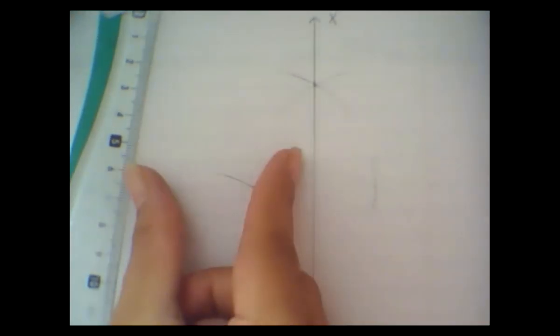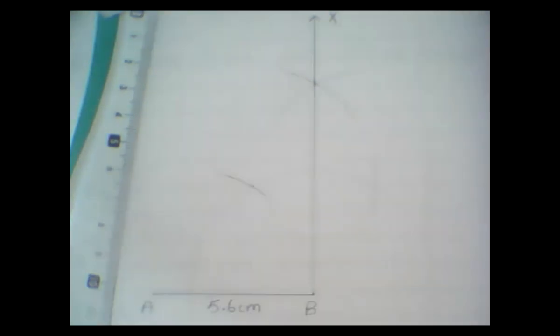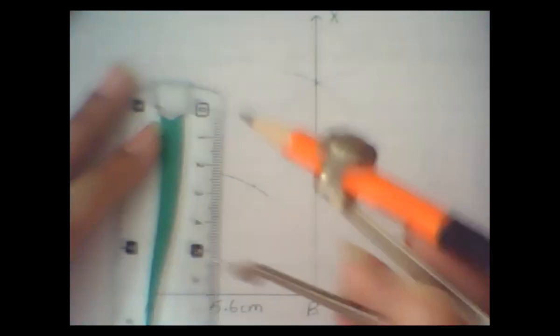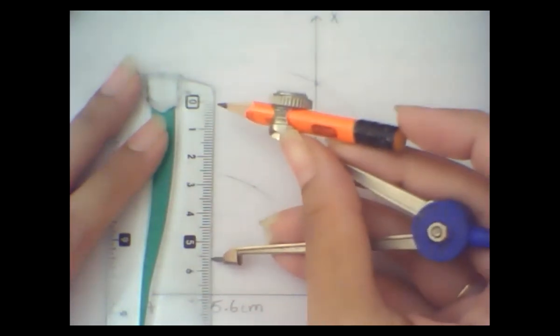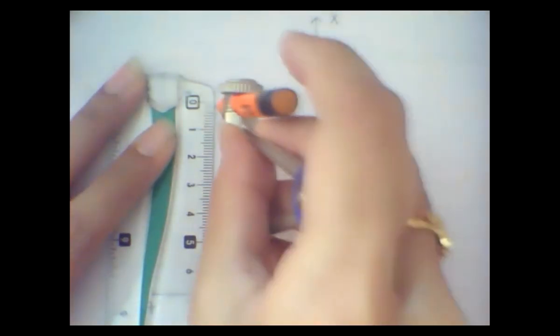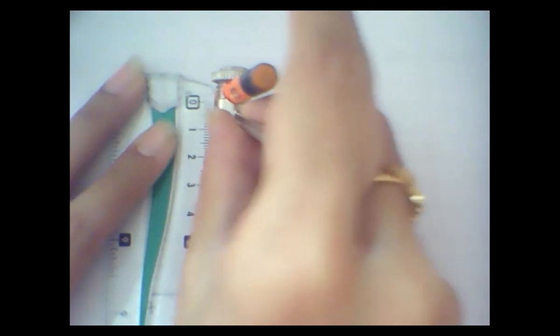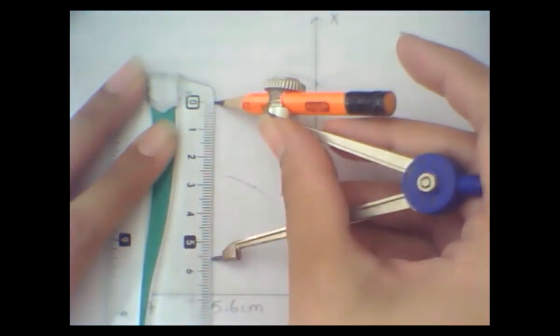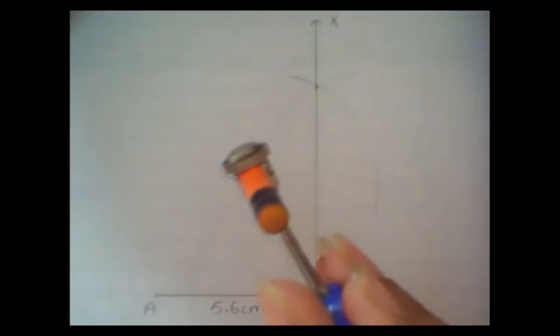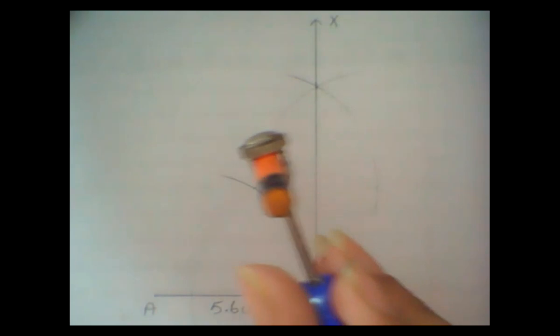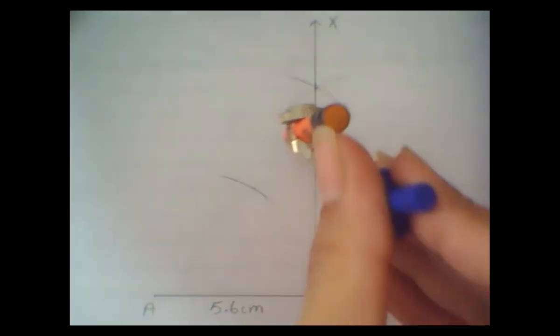Here CD is also 5.6, and here AD is also 5.6 centimeter. So just take your compass and scale in your hand, and open your compass from 0 till 5.6 centimeter. Now put your compass here on B with the measurement of 5.6 centimeter.